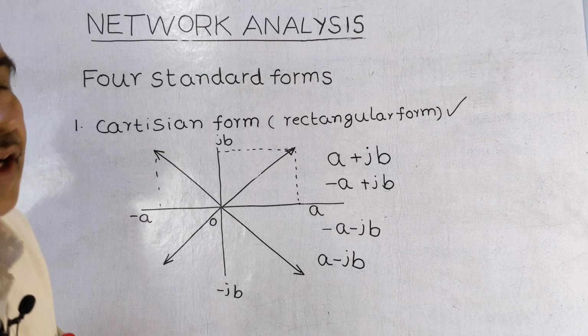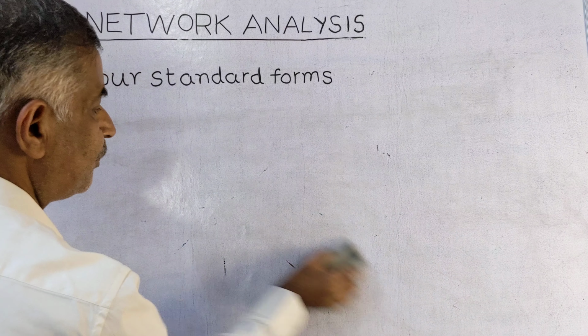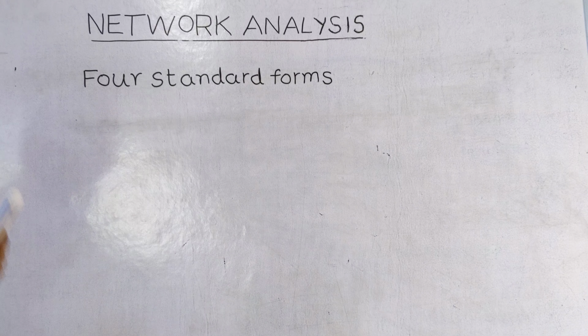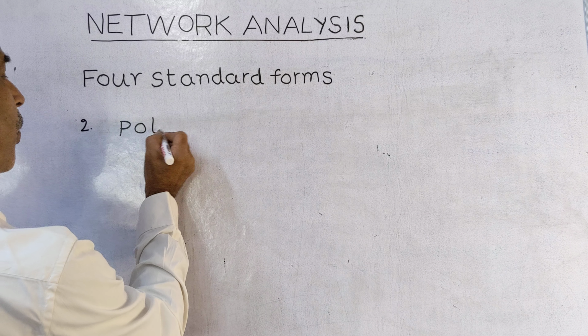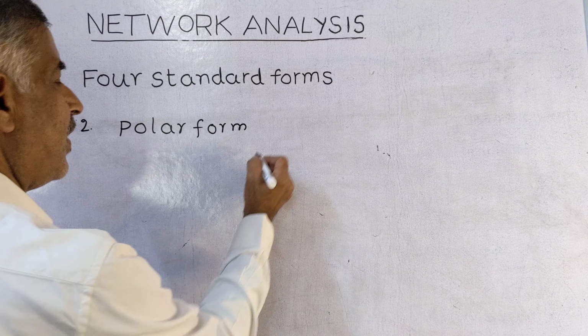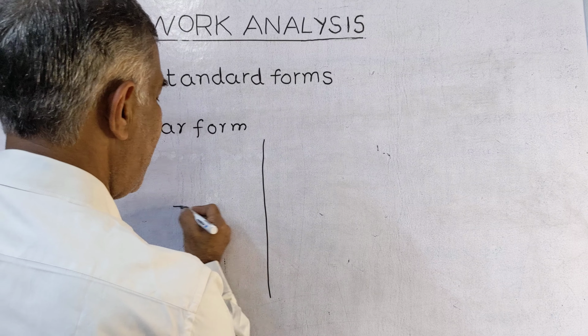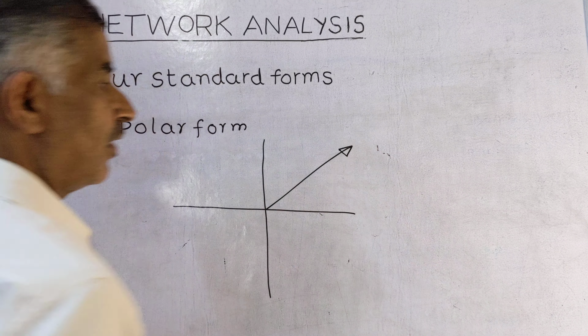The second one is what is known as polar form. In polar form, again, we have divided the plane into four quadrants, and the phasor is like this.